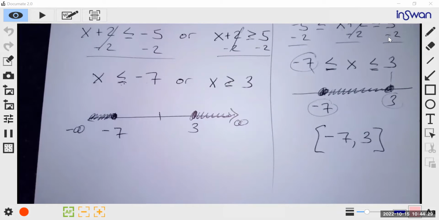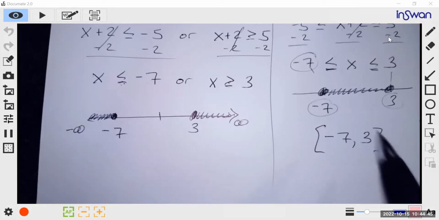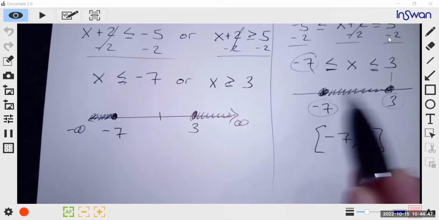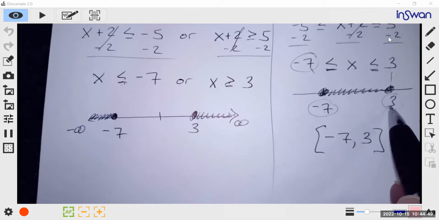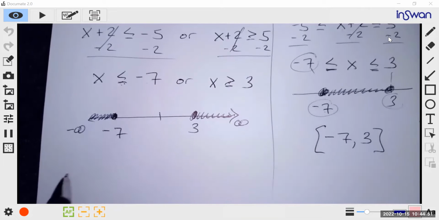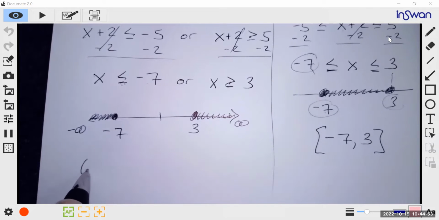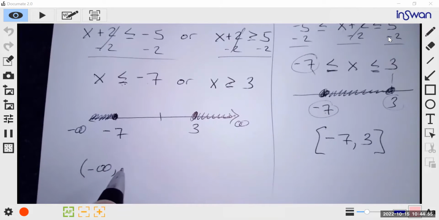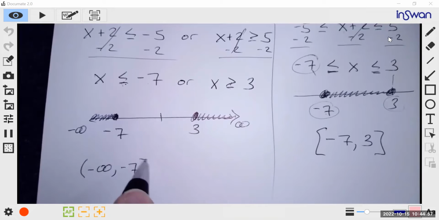What would be the interval notation for this one? Remember, interval notation always looks at where the x's are, and it goes to the beginning and end point, and it's a bracket.